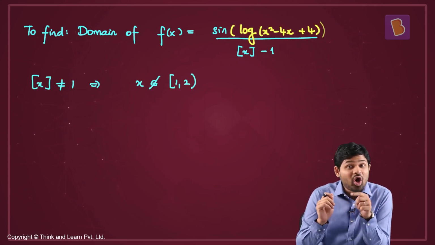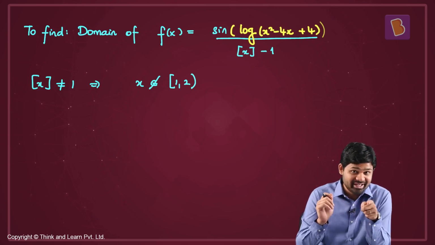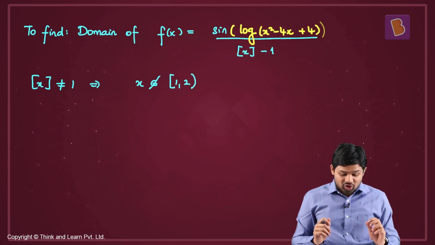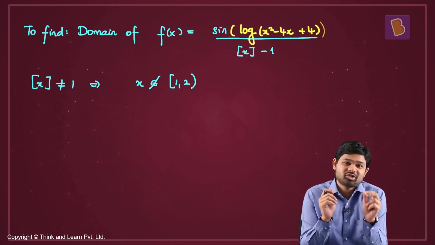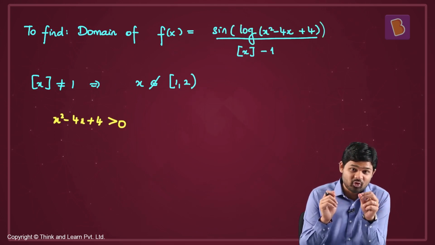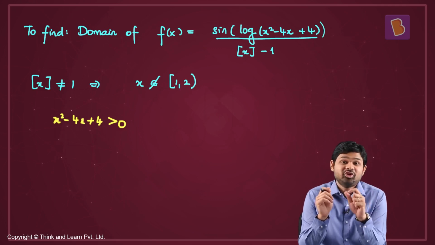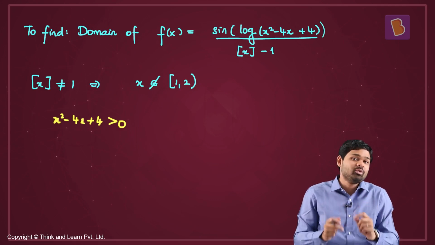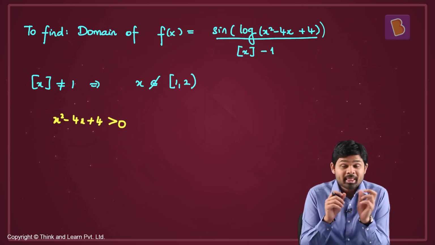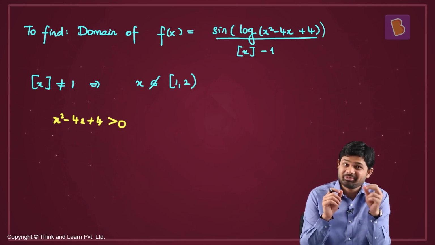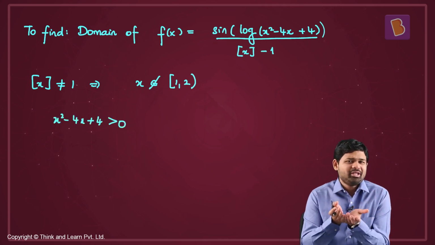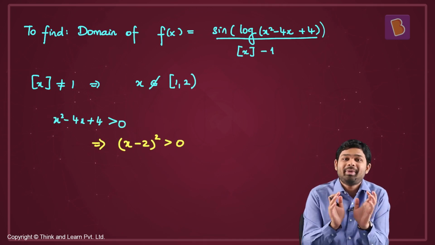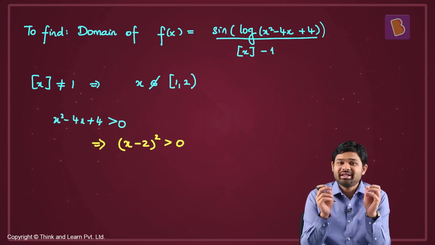Log x is not defined if the argument is 0 or negative. So the argument of log x has to be a positive number. So x square minus 4x plus 4 has to be greater than or equal to, in fact greater than 0, because log x cannot take an argument of 0 also. So x square minus 4x plus 4 has to be greater than 0. x square minus 4x plus 4 is nothing but x minus 2 the whole square, and x minus 2 the whole square has to be greater than 0.